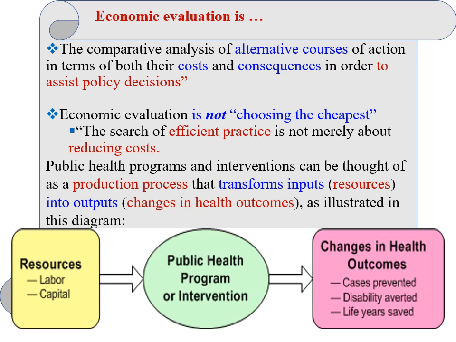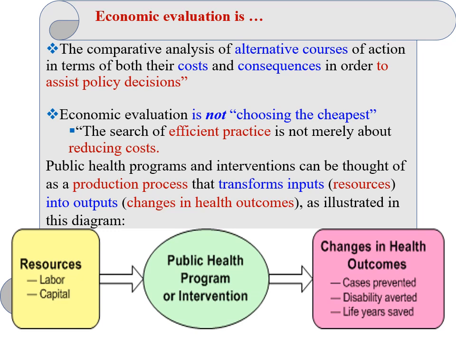So this is the process of producing health: we have input, which is all the resources used to produce health or healthcare services, and we have health programs or interventions, any intervention or any action you do, and this we call the process.